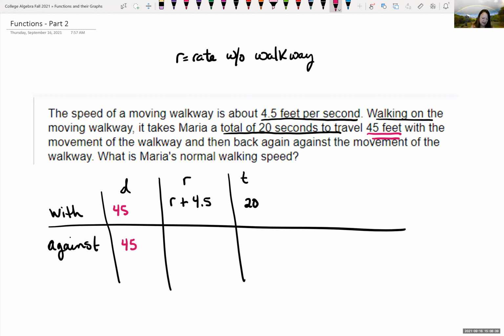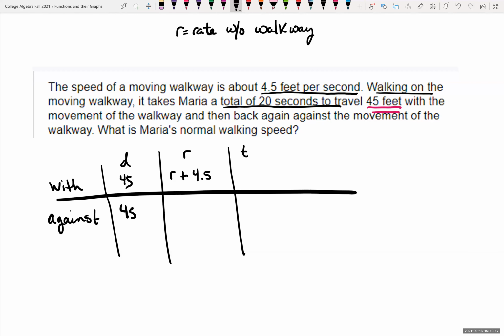It tells us that it takes a total of 20 seconds to travel 45 feet with the movement of the walkway and then back again. Oh, so that's a total of 20 seconds. Okay, so we're thinking of that 45 feet there, 45 feet back right now.